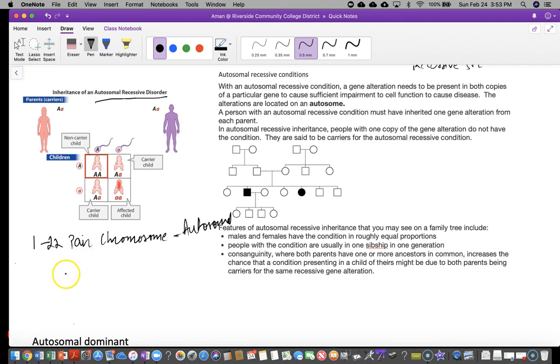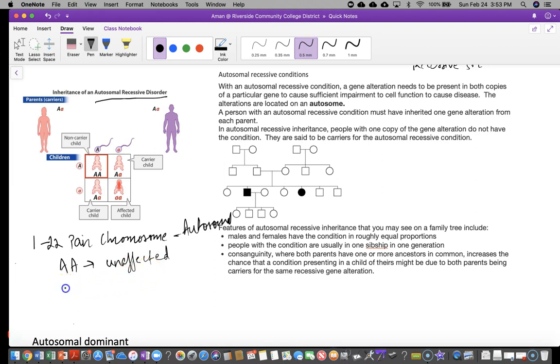What does that mean? For example, guys, let's say there's a person who has capital A and capital A. Will this person be affected? No, this person will not be affected. So we'll call this person unaffected because this person does not have a small a.